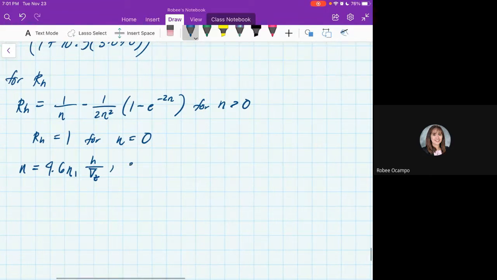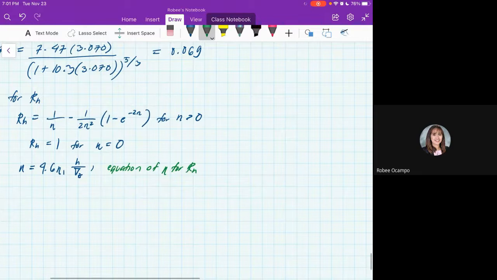So this is the equation of nu for RH, okay?